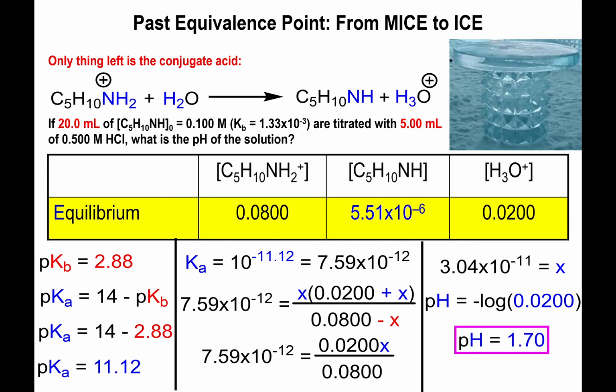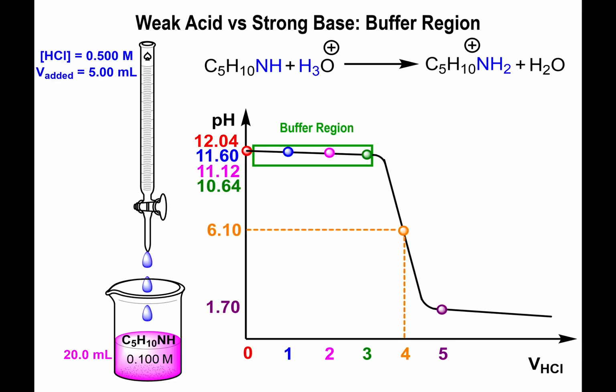So you could actually bypass performing the ICE table for this particular section of the titration curve, concentrate entirely on the excess concentration of hydronium left over, and use that and only that to get the pH of the solution. And at this point, yes, we are very low in pH because we have gone past the buffer region, past the equivalence point. Now all we have is just excess H plus that's floating around.